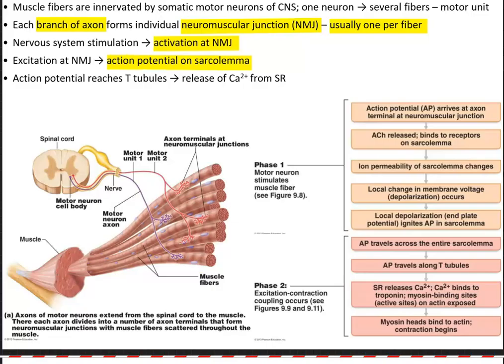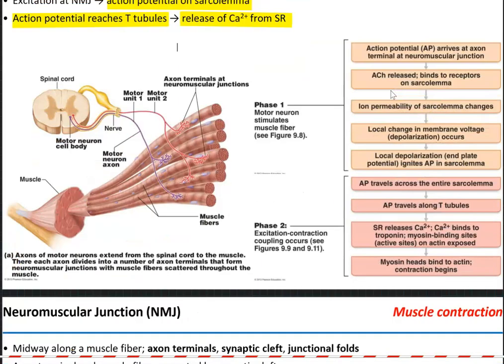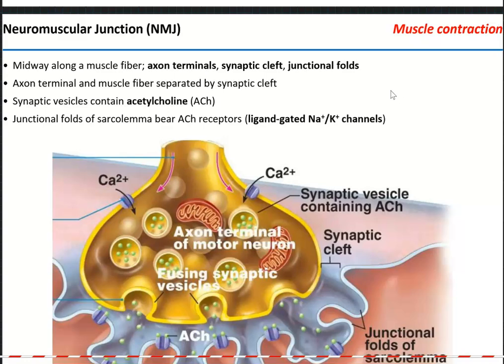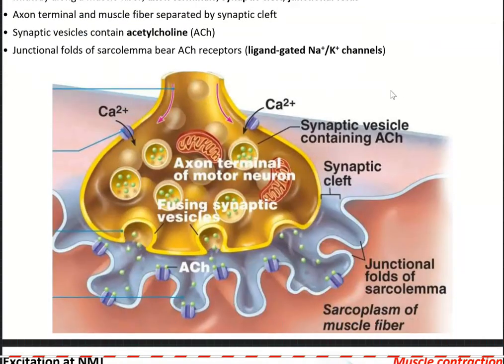Action potential eventually reaches T tubules, which you may remember are connected to sarcoplasmic reticulum, which results in the release of calcium from sarcoplasmic reticulum, and that calcium starts the contraction. Let's take a look at the neuromuscular junction.